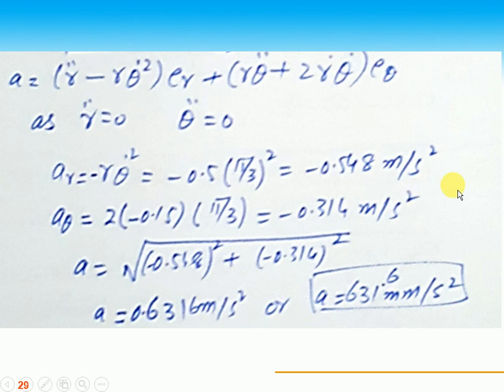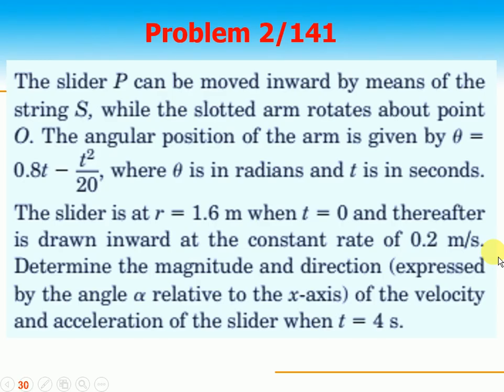It is in the opposite direction in the radial direction. And a theta, of course, theta double dot is 0, so it's 2 r dot theta dot. I put the value, I get minus 0.314 meter per second square. Then taking the square of the radial component and theta component, and taking the square root, we get 0.631 meters per second square, or 631.6 millimeter per second square.